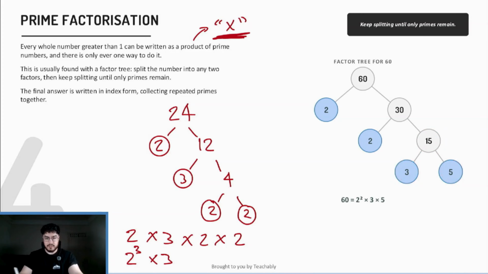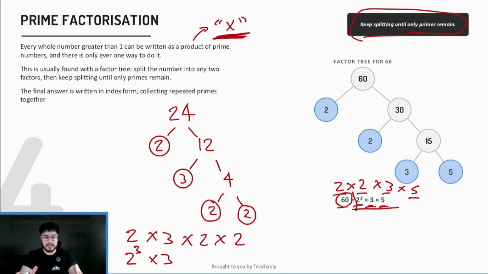So we can multiply these primes together: 2 times 2 times 3 times 5. A nicer way to write it is, because we've got 2 repeated, 2 to the power of 2 times 3 times 5. So our final answer is that 60 is the same as 2 squared times 3 times 5. Okay, that's prime factorization. So really you just keep splitting until only primes remain.